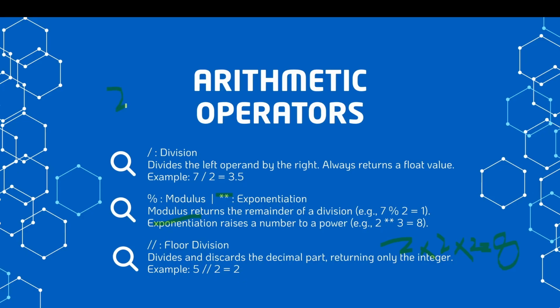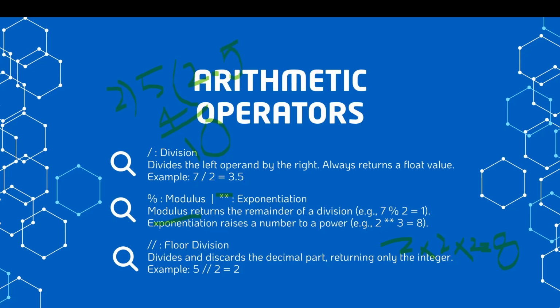As we know, when 5 is divided by 2, we get the quotient 2 and a remainder. Then we would put a decimal to solve it.